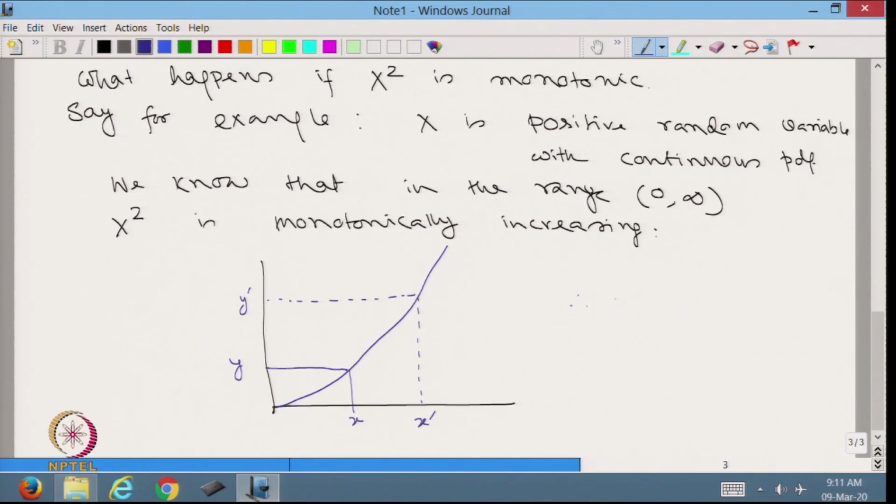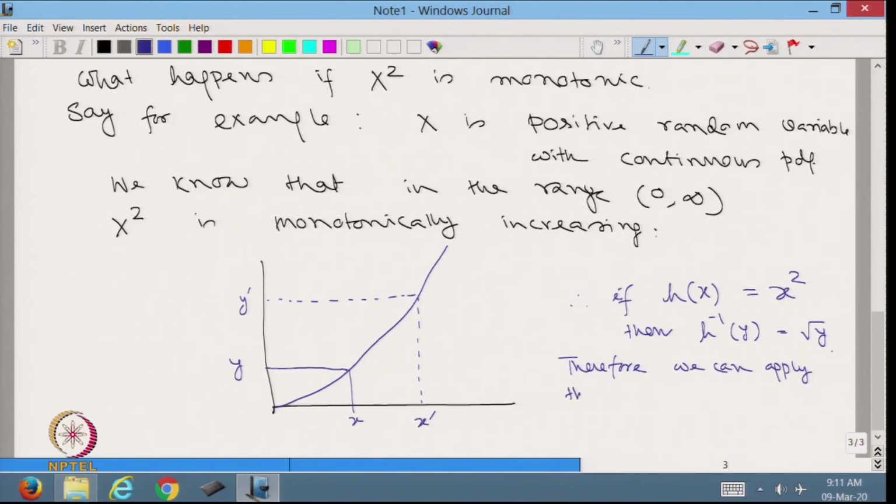Therefore, if h x is equal to x square, then h inverse of y is equal to root over y. Therefore, we can apply the theorem directly.